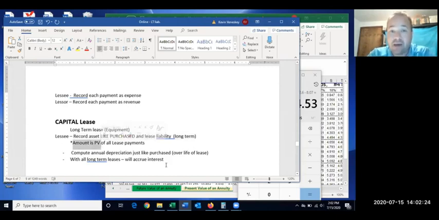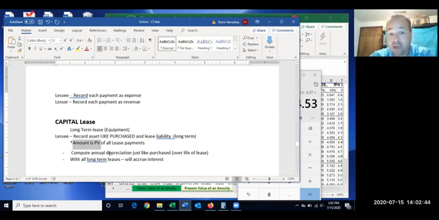We just talked about present value when we were talking about bonds. What are all those payments worth right now that you're making over the next 10 years, if that's how long you're paying for this lease? So you're going to use the tables to figure out what all of those are worth.